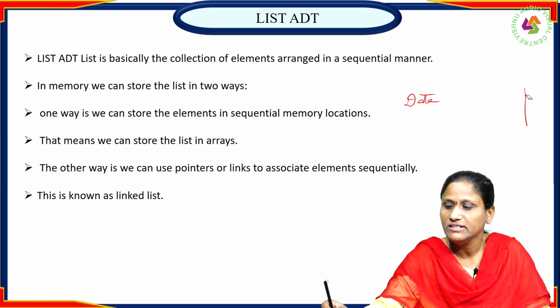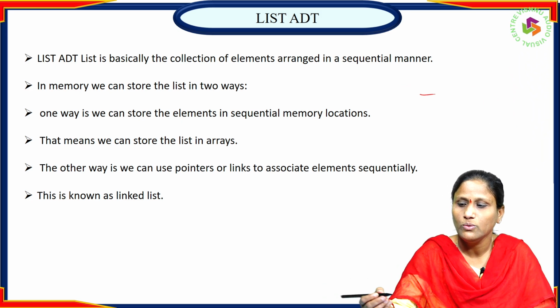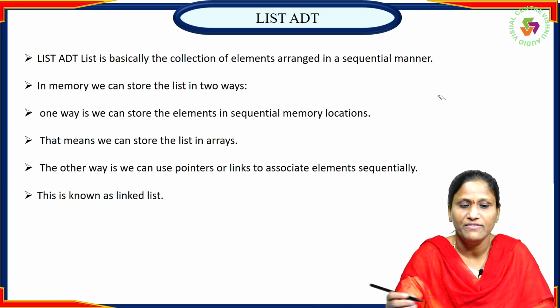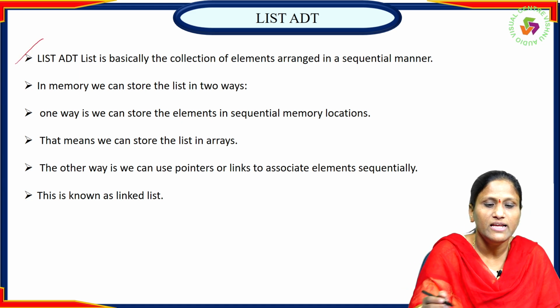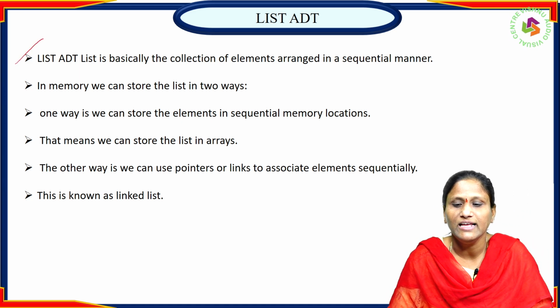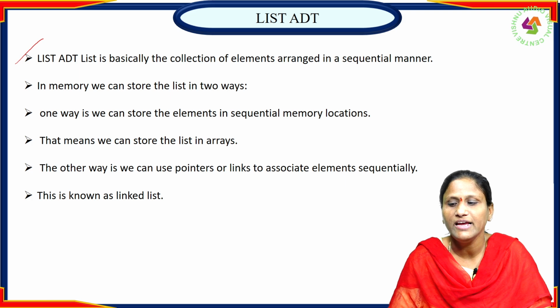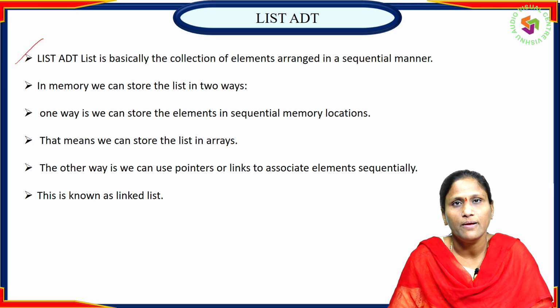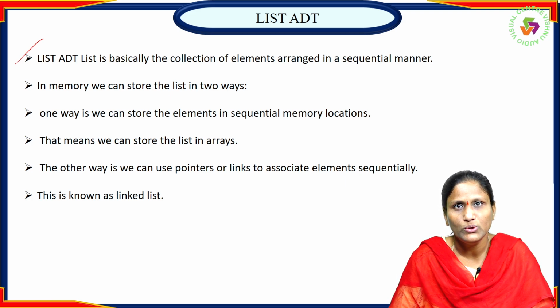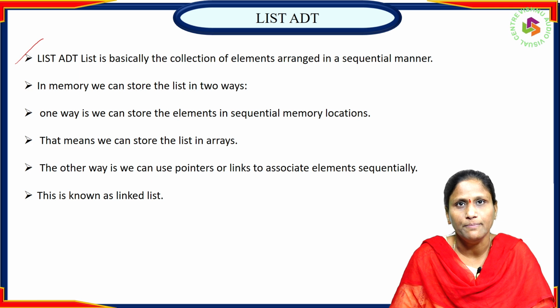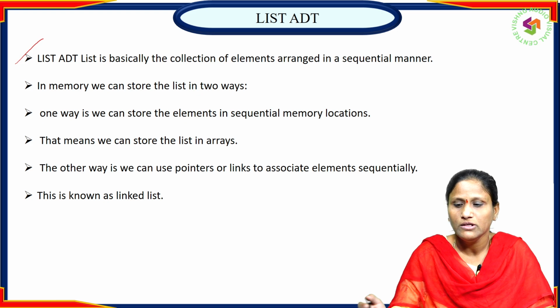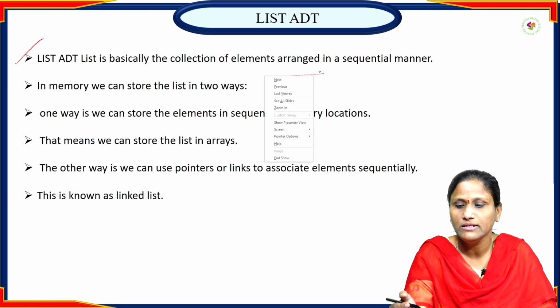So let us see the first point. List ADT is basically a collection of elements arranged in a sequential manner. Already I told you each and every element is arranged in a sequential manner, one after the other. Sequential means in order.